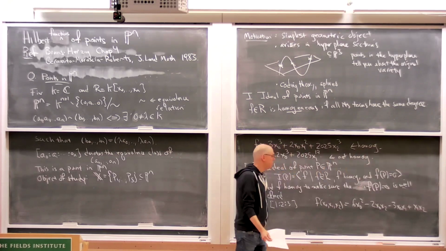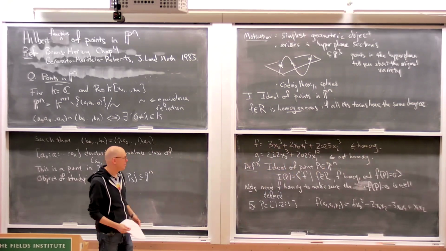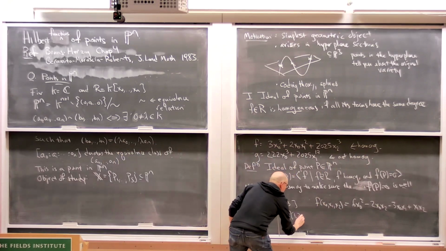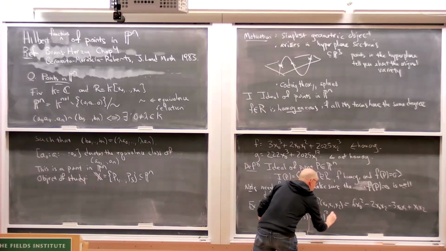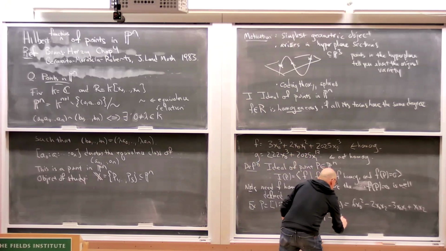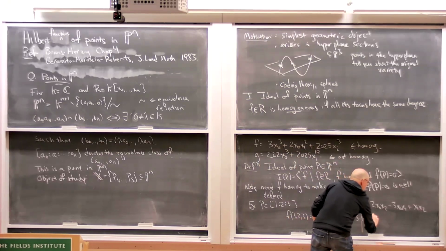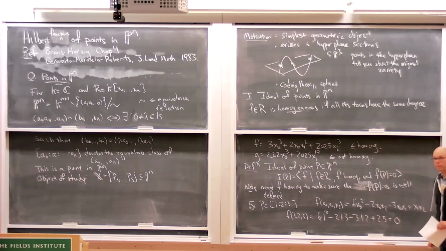This is a homogeneous element. And when I plug in 1, 2, 3, I get 6 times 1 squared minus 2 times 1 times 3 minus 3 times 1 times 2 plus 2 times 3, and it's 0.